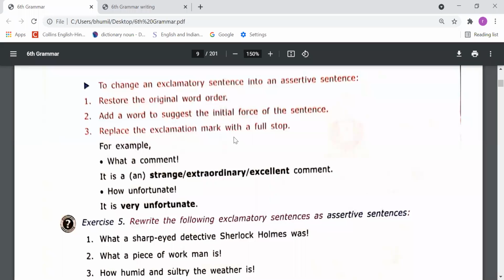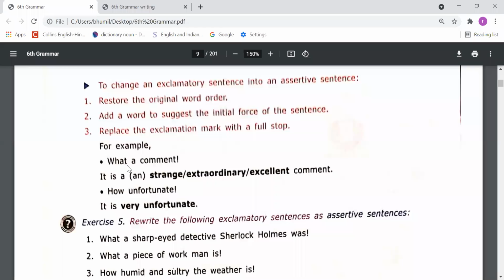Replace the exclamation mark with a full stop. So instead of the exclamation mark, you need to put a full stop there, because we add the exclamation mark only in exclamatory sentences, not in assertive sentences. At the end of assertive sentences, we always put a full stop, right?